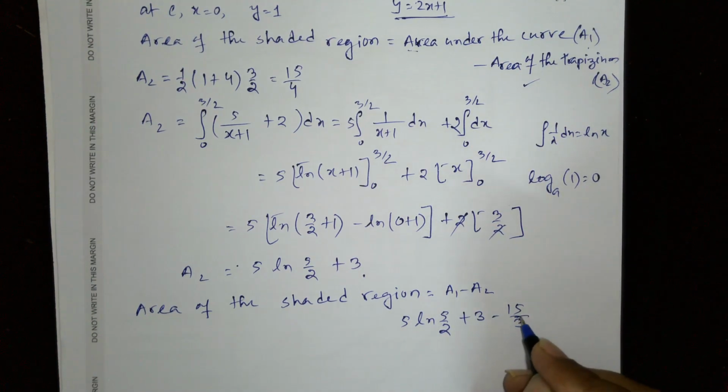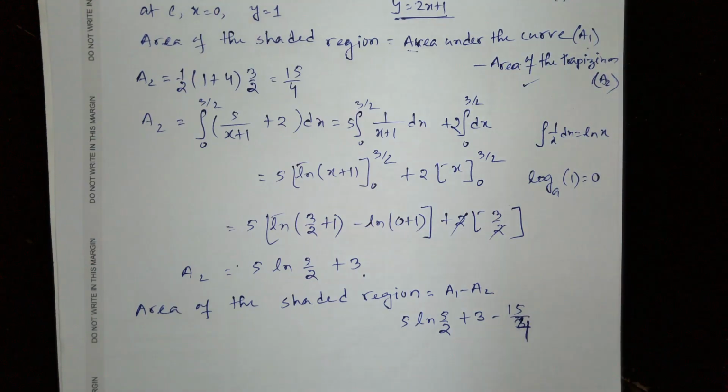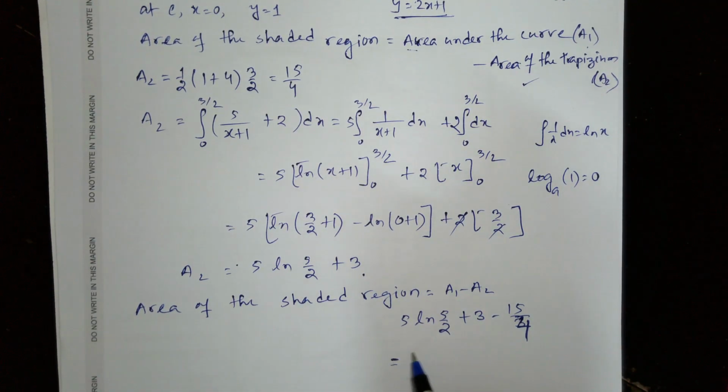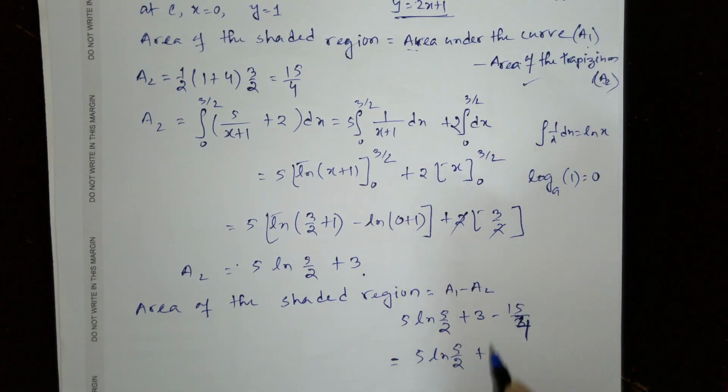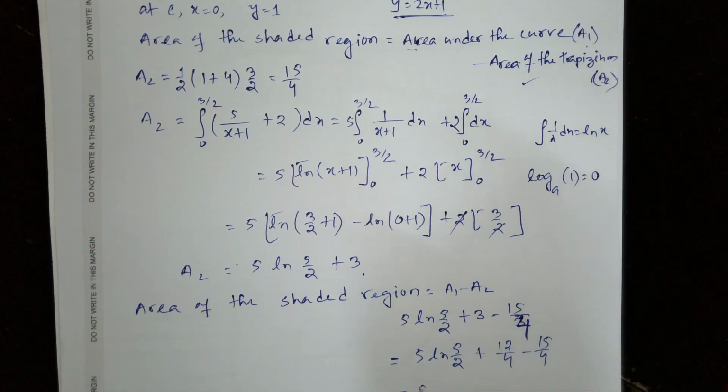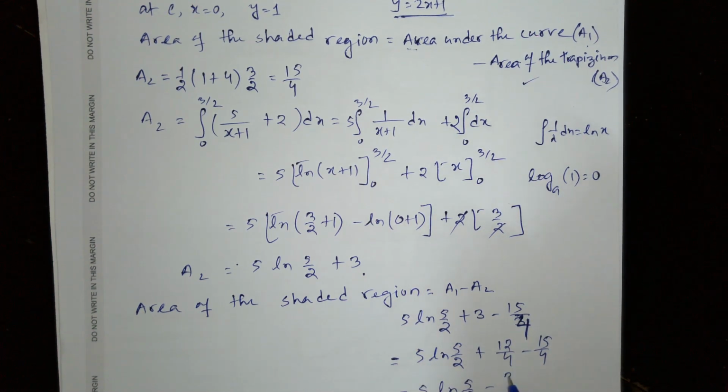Here it was 15 over 4. So that will be equal to 5 ln 5 over 2 plus 12 over 4 minus 15 over 4. Now we have the common denominator 4, so I can write 5 ln 5 over 2 minus 3 over 4, and this is the final answer.